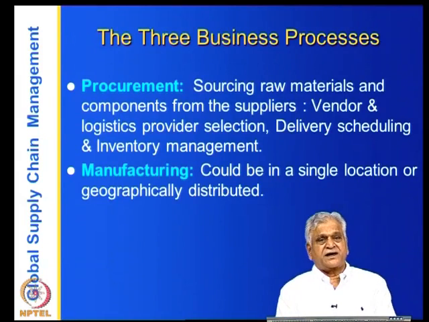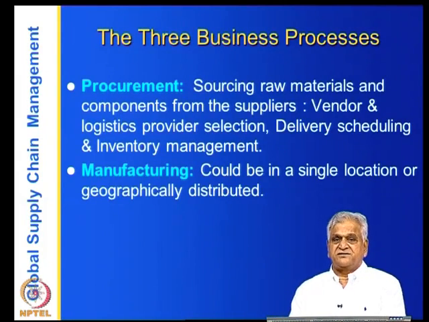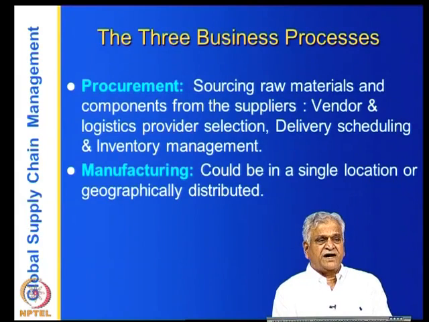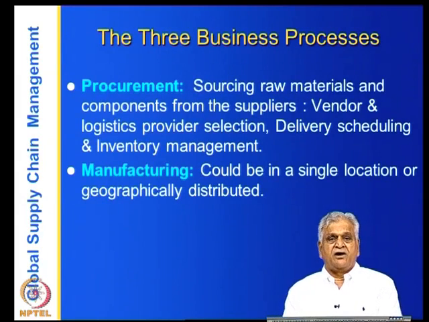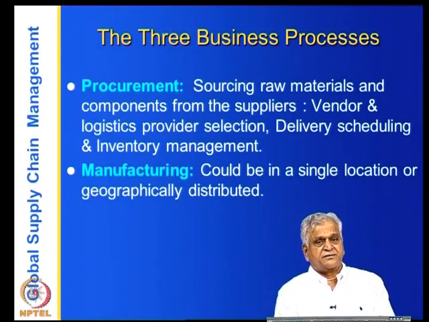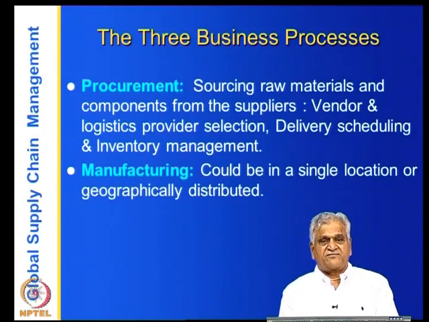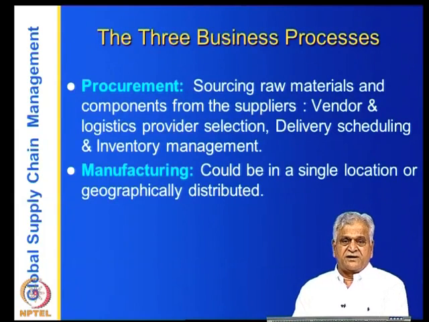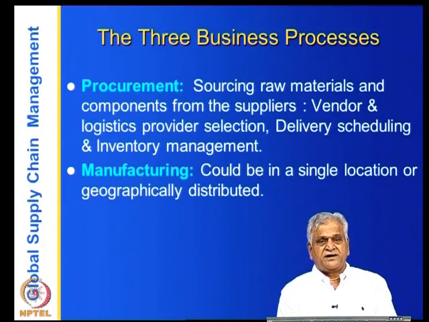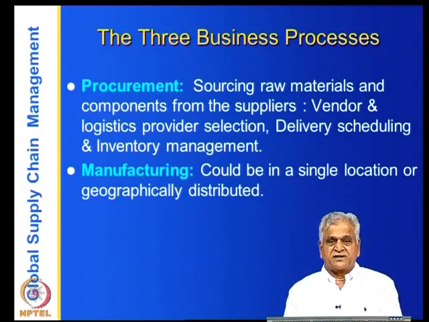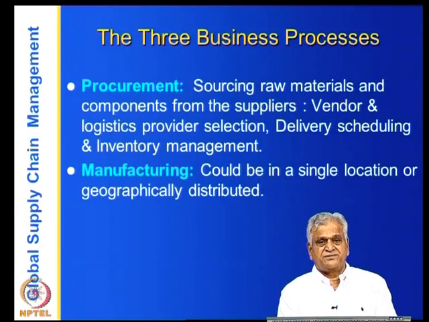And the second business process is manufacturing. This manufacturing could be in a single location, or it could be geographically distributed. It means that you have companies like Flextronics. They have a factory in Chennai. They manufacture cell phones, or various other things like laptops and so on.